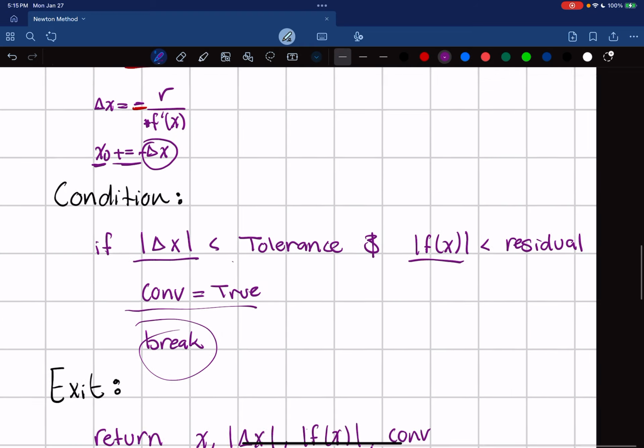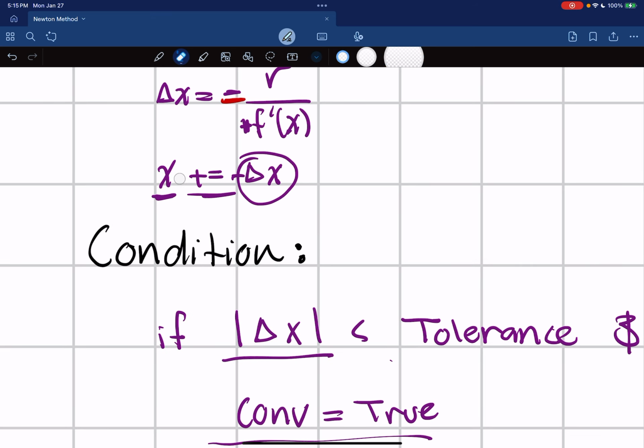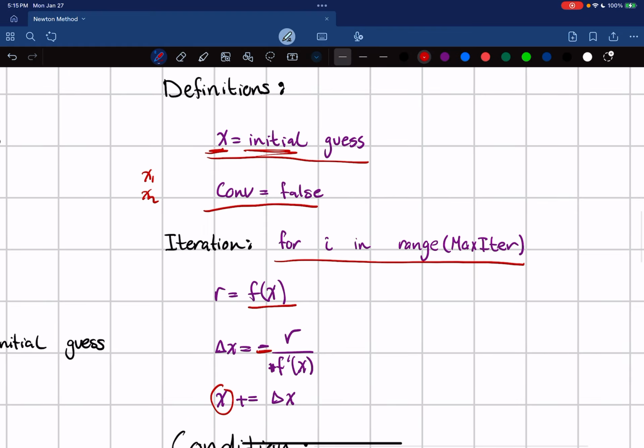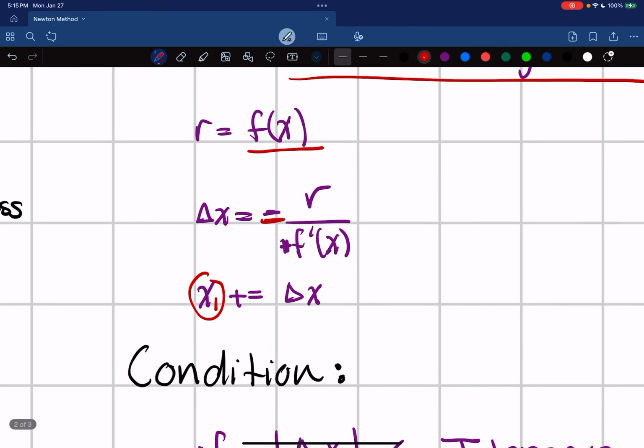If it doesn't, remember here, this was something like this. As you can see, my x variable that was up here changed, and now it shifted to x1.